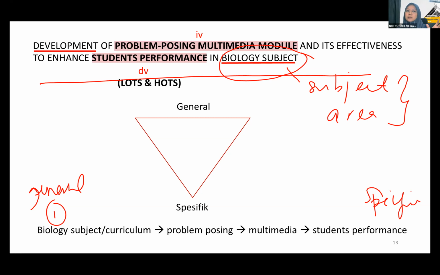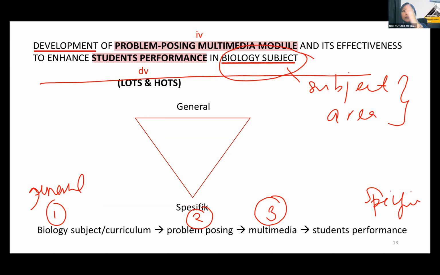Then later on kita cerita pasal the factors that depends on these particular variables. Okay, so I always put my independent variable before my dependent variables in literature review. Okay, so kita pun letak kat sini problem posing. Okay. And then my second independent variables, okay, which is multimedia.